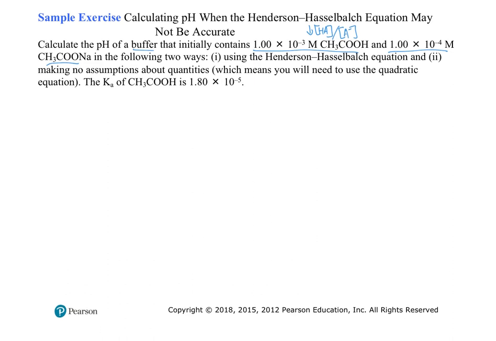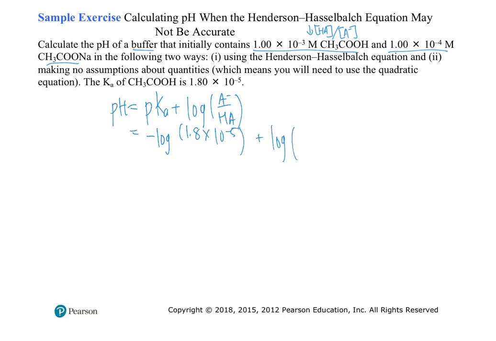So we're going to use Henderson-Hasselbalch first. We'll use pH equals pKa plus log of the base over the acid. The Ka of acetic acid, I'll do negative log of Ka, 1.8 times 10 to the negative 5, plus log of acetate, which is 1 times 10 to the negative 4, over 1 times 10 to the negative 3 for my acetic acid.